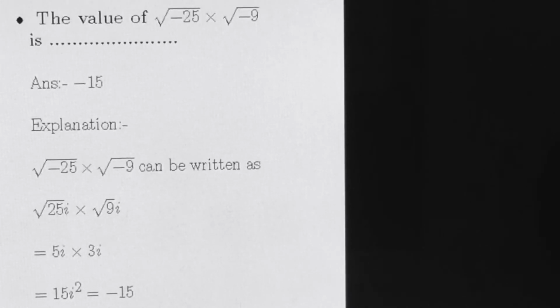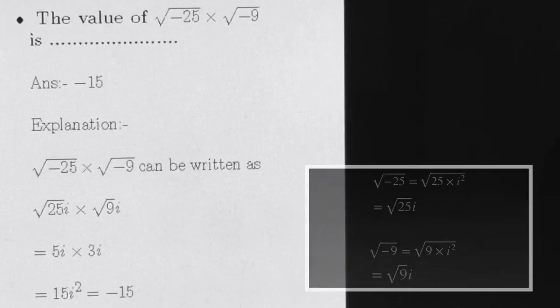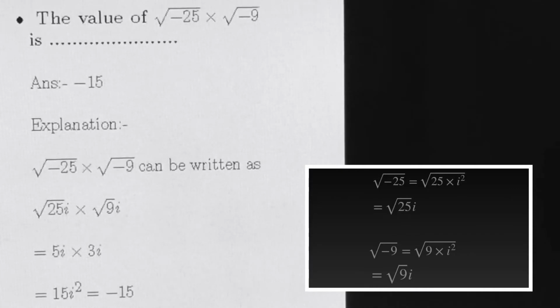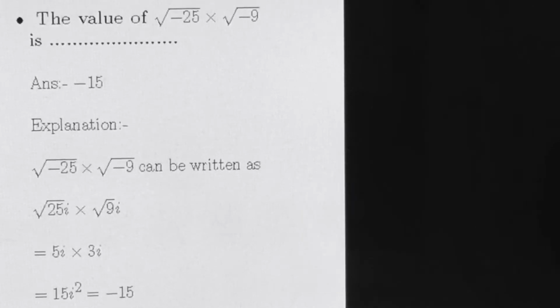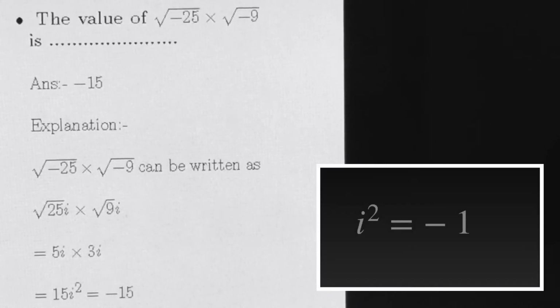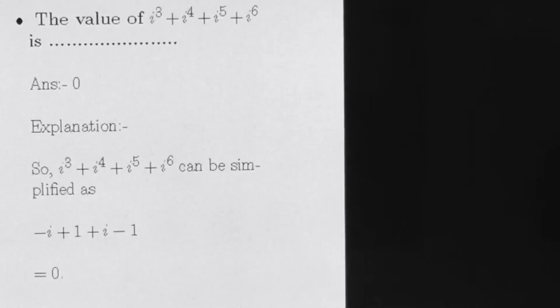Square root of minus 25 into square root of minus 9 can be written as square root of 25i into square root of 9i, which is equal to 5i into 3i, is equal to 15i square, which is equal to minus 15.